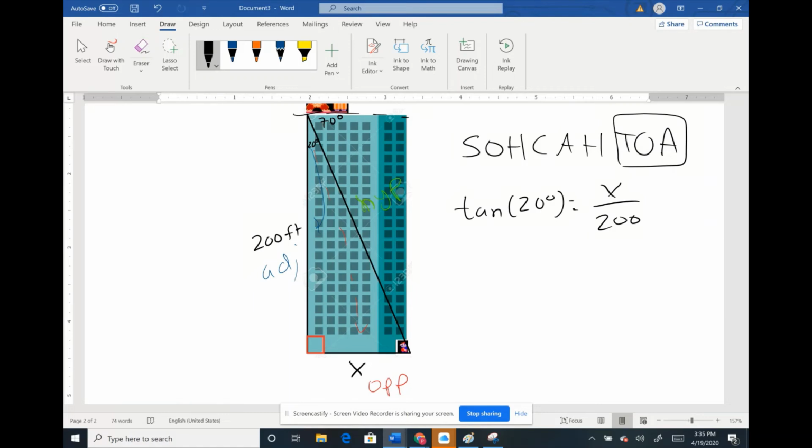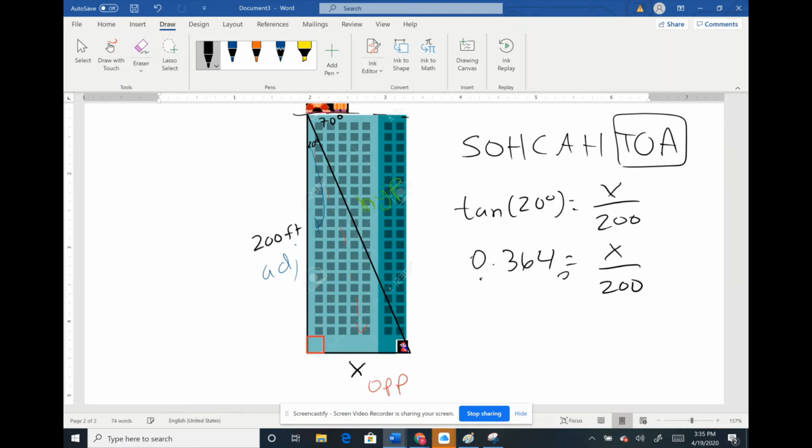All right, and then tangent of 20 would be 0.3639. I'm going to round only the third decimal place since the number next to it is a 9, it's going to go up. So I'm going to call it 0.364 equals x over 200.